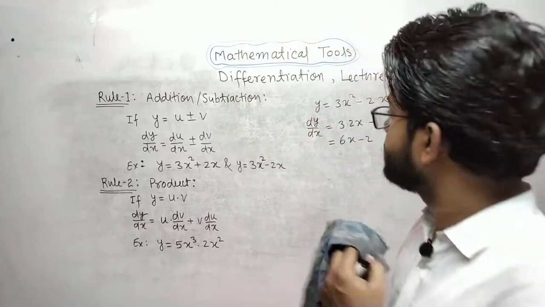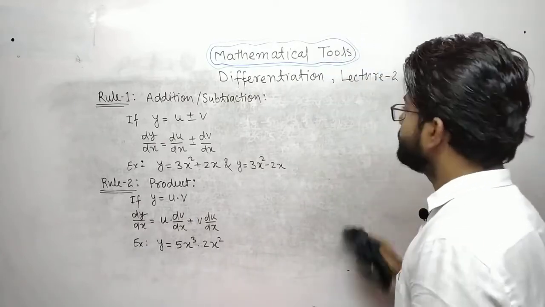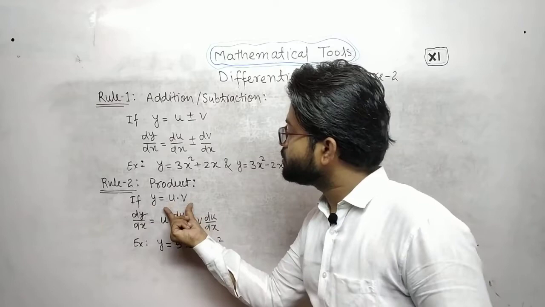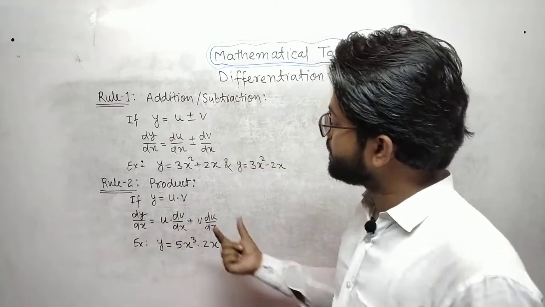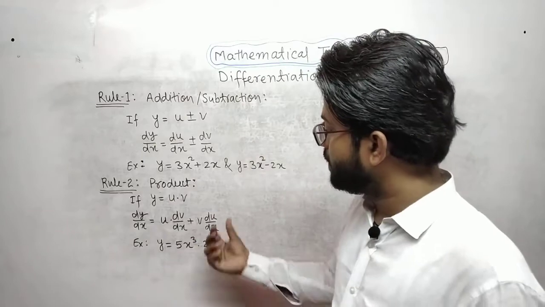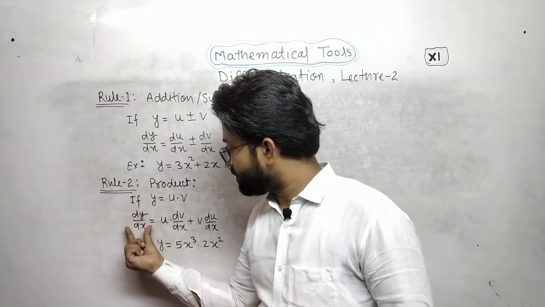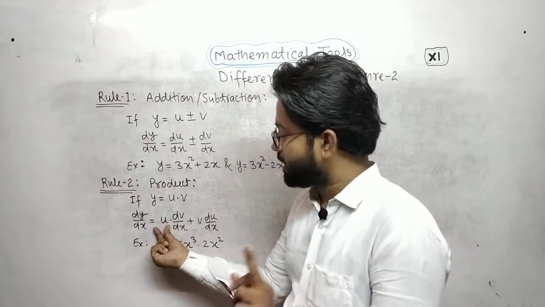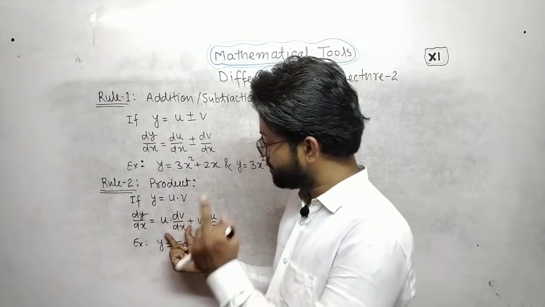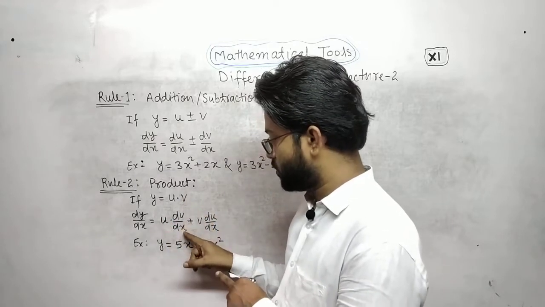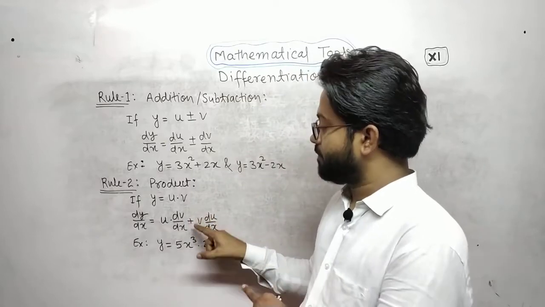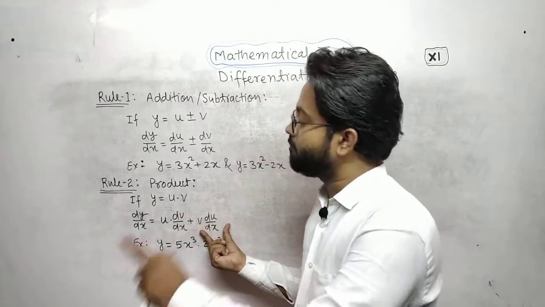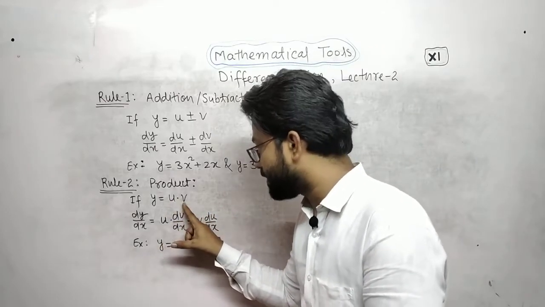Now rule number 2. If there are two functions and both the functions are in multiplication, then the differentiation of y with respect to x will be equal to u, keep one function as it is, into the differentiation of the second function, that is the differentiation of v with respect to x, plus keep the second function as it is into the differentiation of the first function.